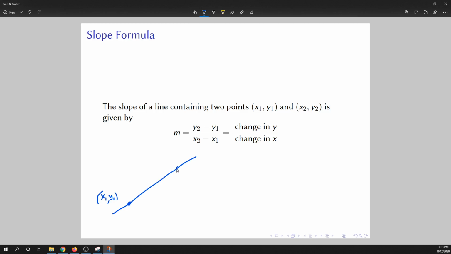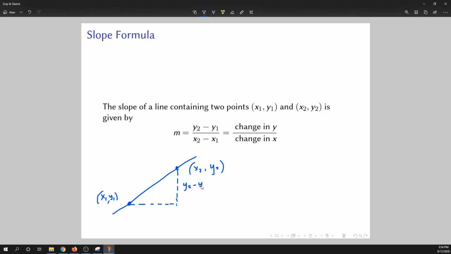And this is x2, y2. I can make this little triangle like so. All right, so there's the little triangle. And now the length of this side of the triangle is going to be this y coordinate minus this one. So it's going to be y2 minus y1.